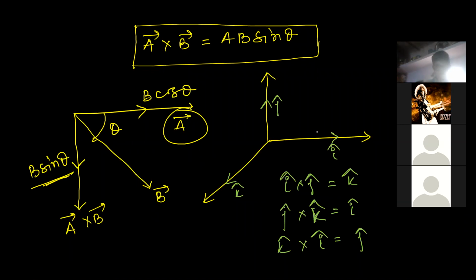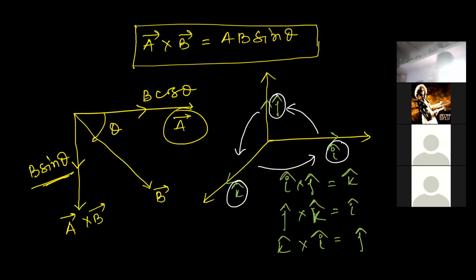Suppose I cap and j cap are multiplied and we are getting k cap. Then j cap and k cap are multiplied, we are getting I cap. Again, k cap and I cap are multiplied, we are getting j cap. Is this process clear? Sir, clear. Okay, that's good.